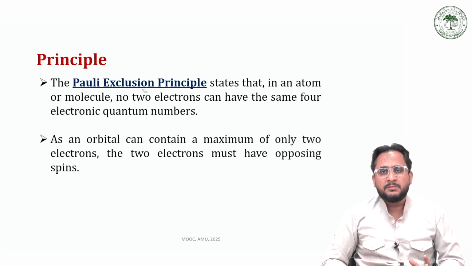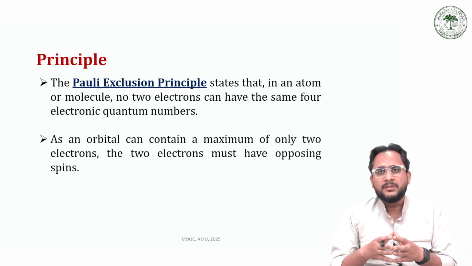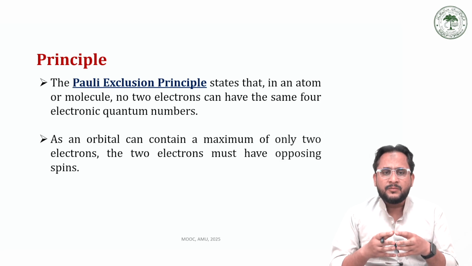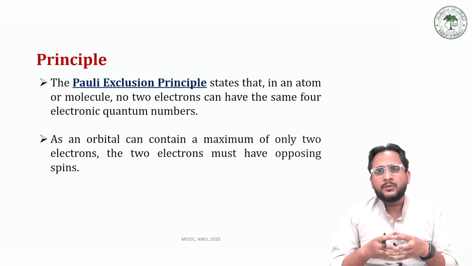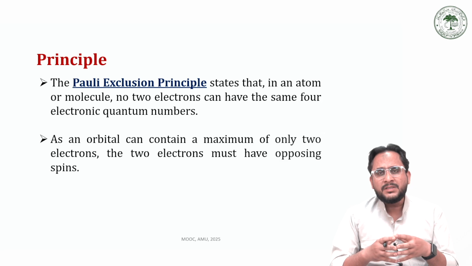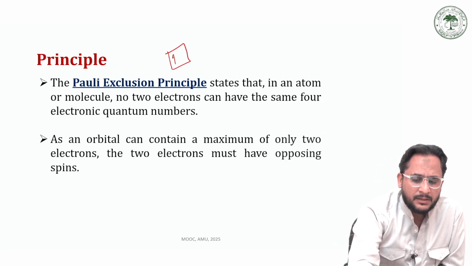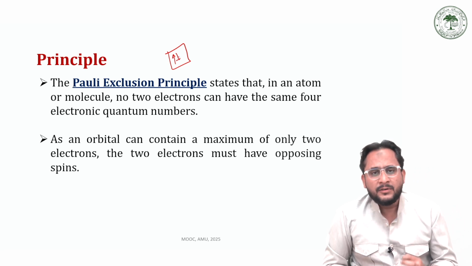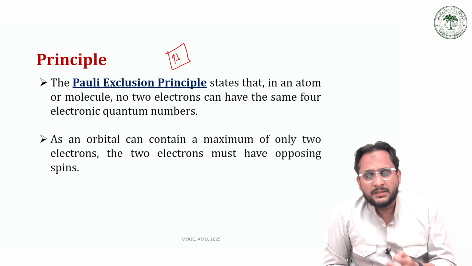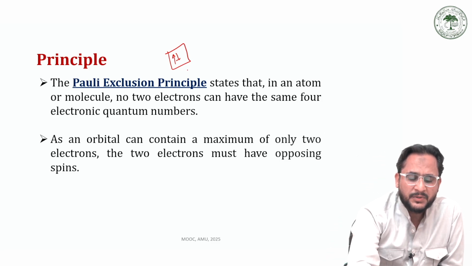In this slide, let us discuss Pauli's exclusion principle, which you must all be aware of. According to Pauli's exclusion principle, no two electrons can have the same value for all four quantum numbers, which means that for two electrons present in the same orbital, since the principal, azimuthal as well as magnetic quantum numbers are the same, they have different values of the spin quantum number.